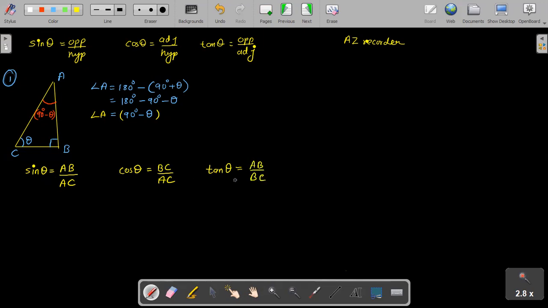Now, this is regarding sine theta, cos theta, tan theta. Now, if I tell you to find out the answer for sine 90 degree minus theta, understand this 90 minus theta as a letter, a letter. So you don't have to worry about it. Just write the formula: cos theta and cos 90 minus theta, and tan 90 minus theta.